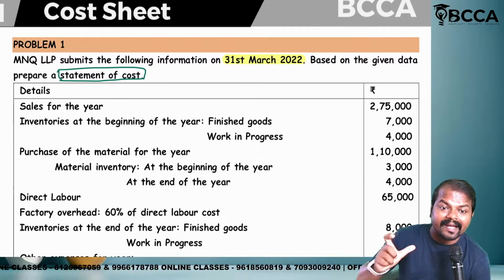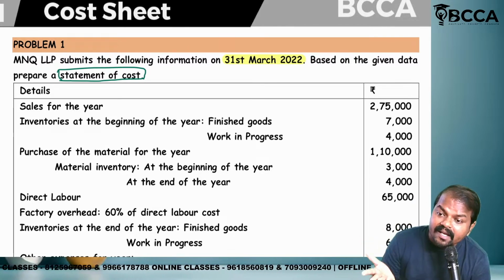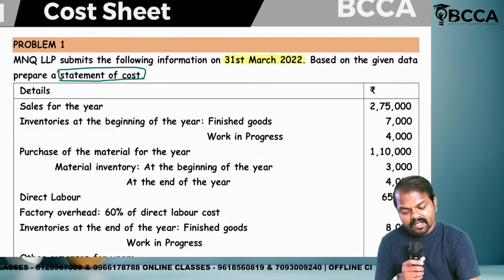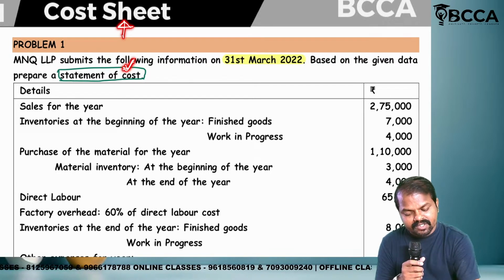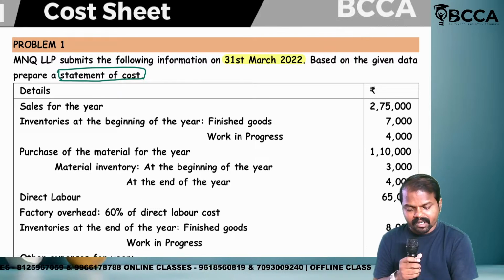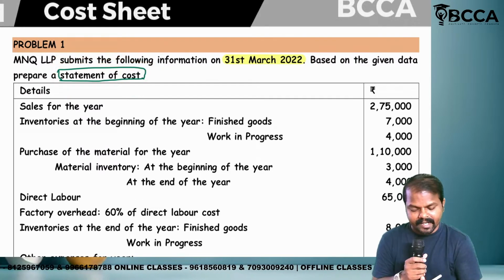This word indicates the chapter name. Statement of cost means they are asking for a cost sheet. This line indicates the chapter name.